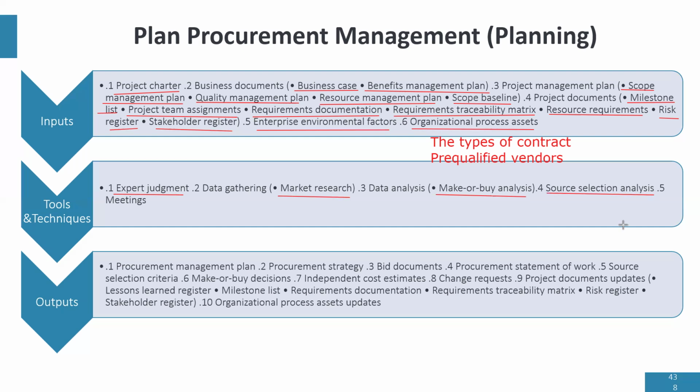So when we talk about source selection analysis, this is where we decide how we're going to choose our vendor. So there are about 4 or 5. Number 1 is lowest cost, either lowest cost or lowest price, right? Lowest cost. Now, what does lowest cost mean?